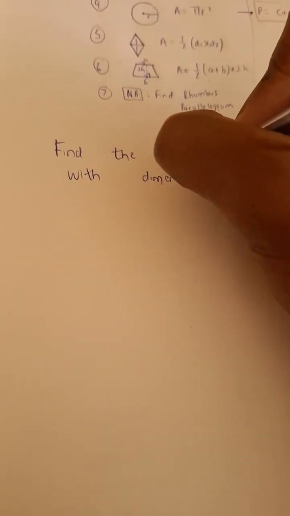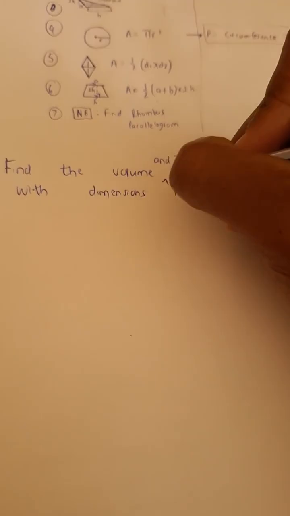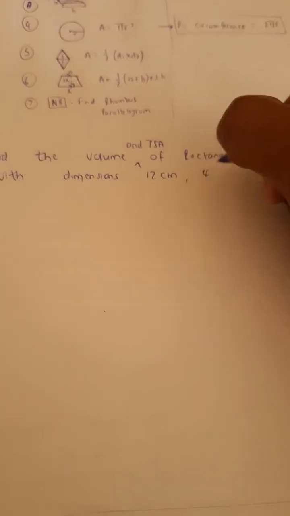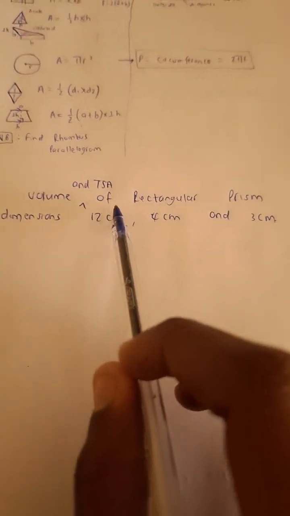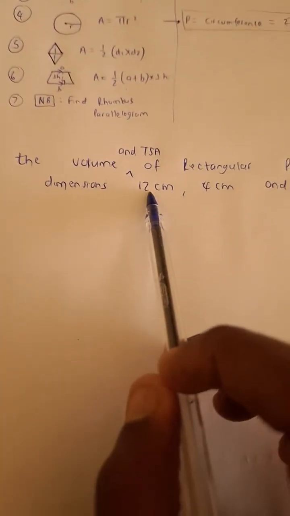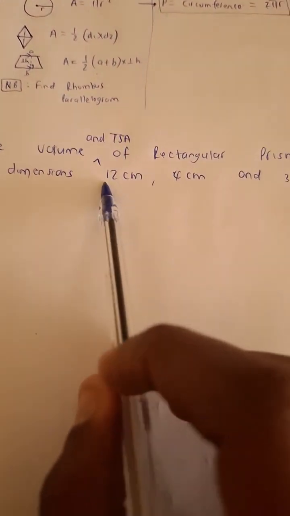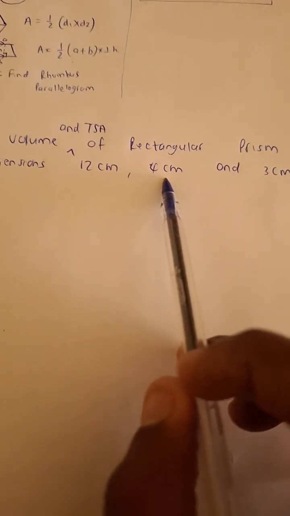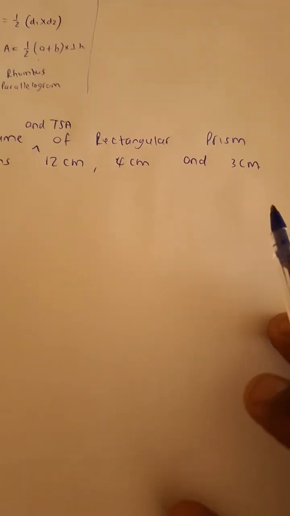This rectangular prism has the dimensions of 12 centimeters, 4 centimeters, and 3 centimeters.